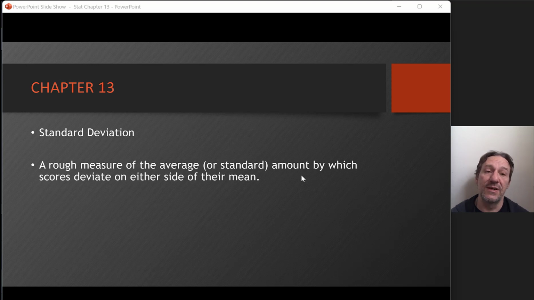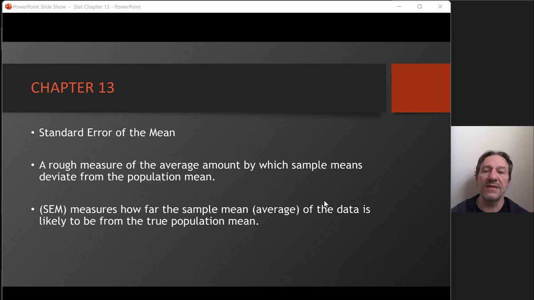Just some refreshers. Standard deviation is like a rough guess, a measure of how far the data is spread out, how far scores are deviating from the mean. This would be within your sample. The standard error of the mean, this is how far our sample mean is away from what we perceive to be the population mean. How far the sample mean is likely to be spread from the true population mean.